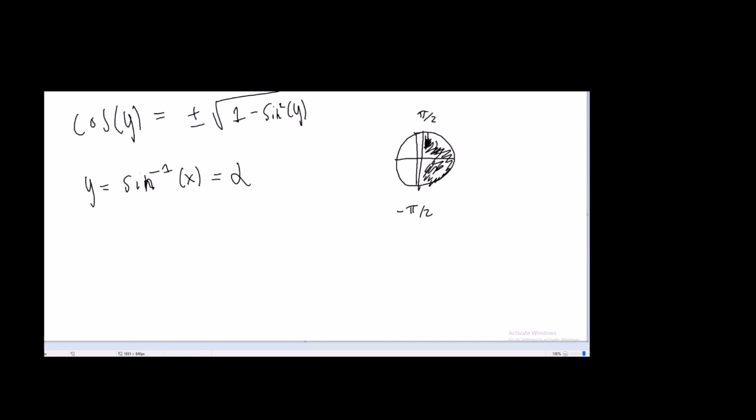But remember that cosine is only negative on the left side of the unit circle. And since the inverse of sine of x can only correspond to some angle in here, it's only defined for angles in which cosine of y has to be positive. So all of this must be positive as well.